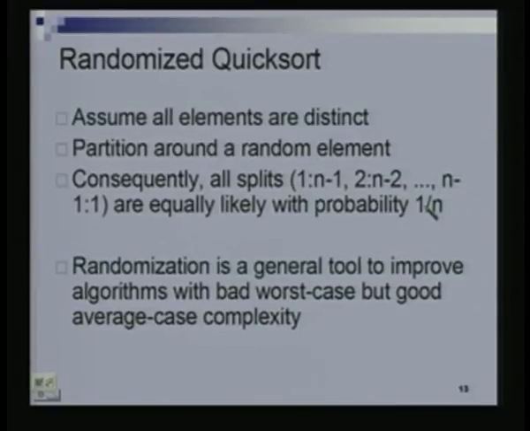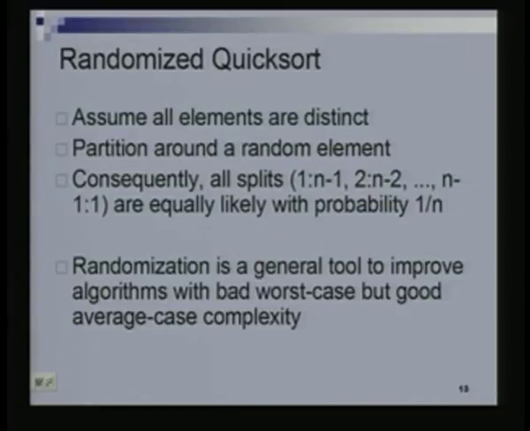You understand why they would all be equal? Because it's a random element, each element can be picked with equal probability. So if I have n elements and I pick the 10th smallest element, then I will get a 9 versus n minus 10 split. But what is the probability of picking the 10th smallest element?